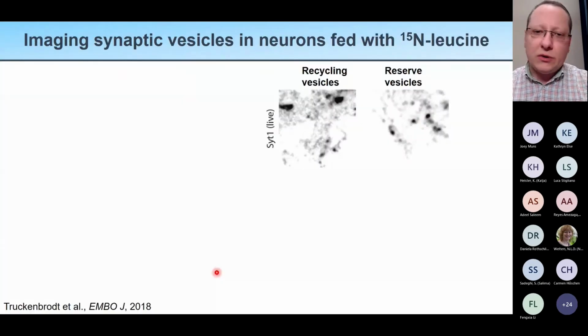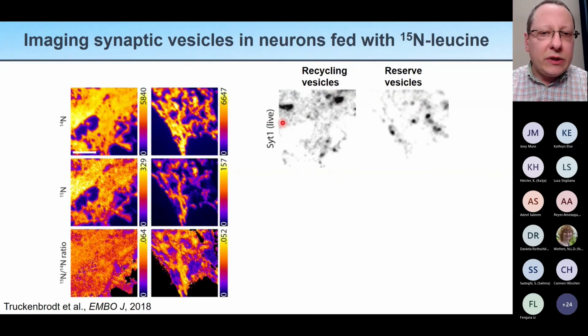And you can look at all sorts of things. I'll give you a couple of examples and then we'll switch to something more interesting, but you can really look at all sorts of things. I mean, you can look here at some synaptic vesicles. There was some question of the nature of some active and some inactive vesicles, and then we just correlated them to neurons being fed by 15N.